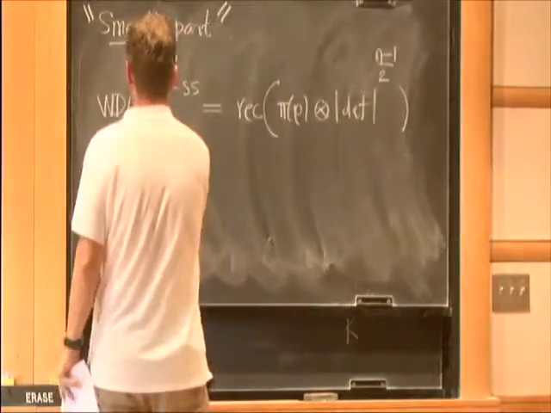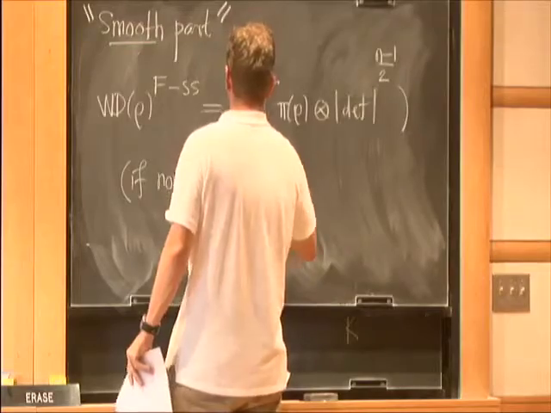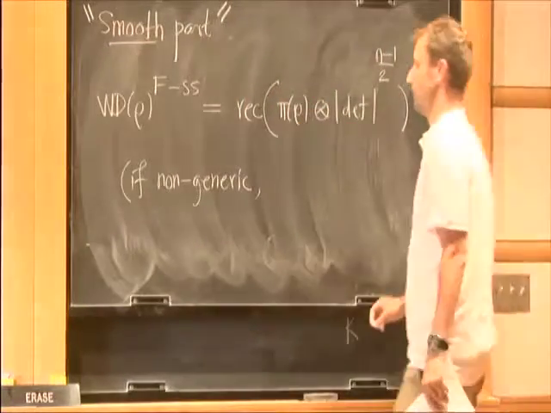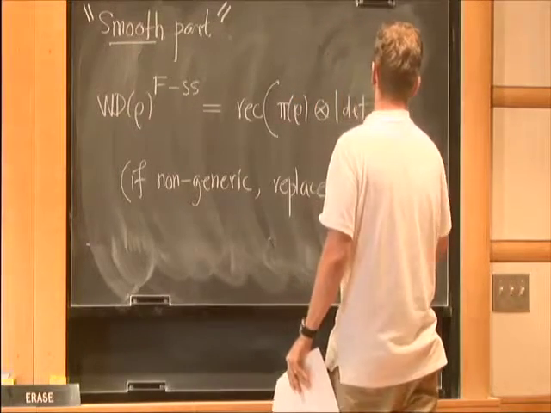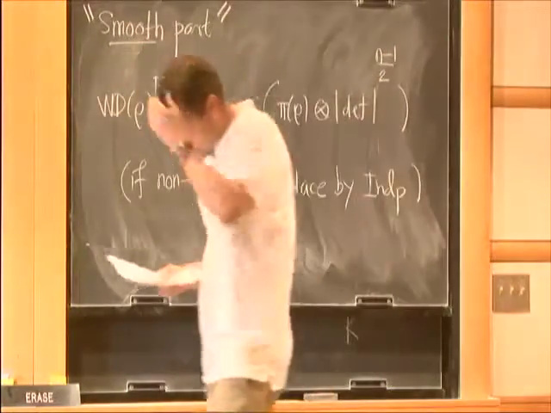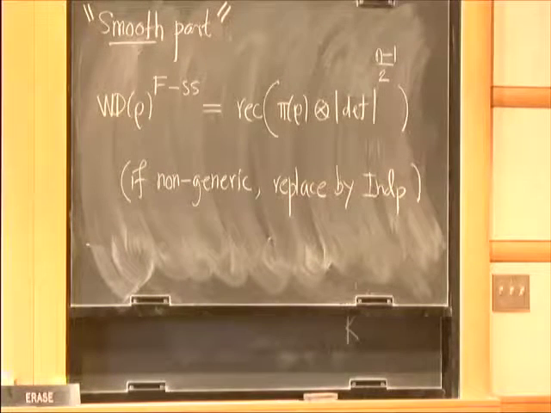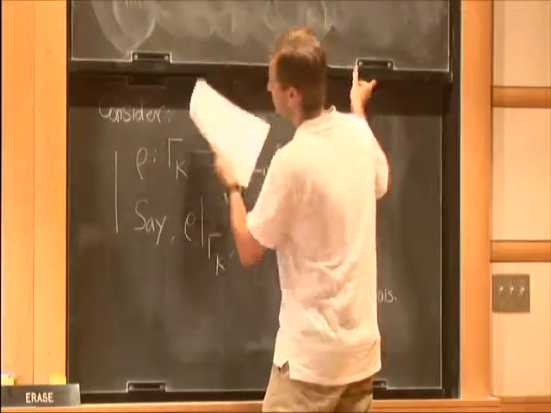And again, if it's non-generic, this is not really true. You have to replace it by some parabolic induction, which maps onto that pi. So I guess what you hope is that this norm should somehow correspond to this filtration. But I don't know if anybody knows exactly how that goes.